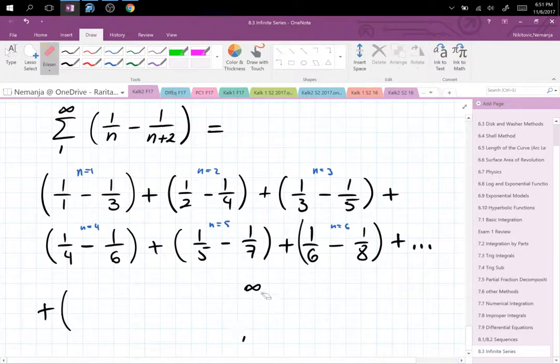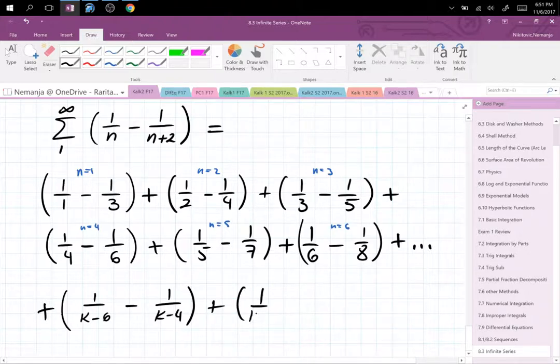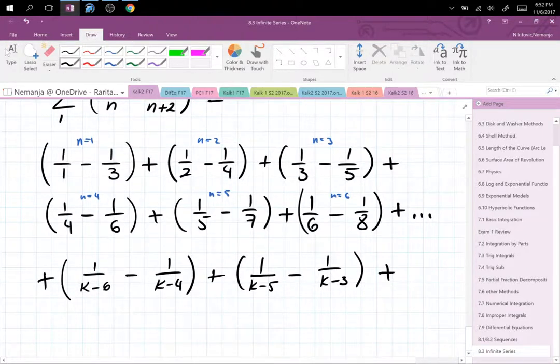So what I'm going to do is write this now as, let's say, 1 over k minus 6 minus 1 over k minus 4. They have to be 2 apart. Plus 1 over k minus 5 minus 1 over k minus 3. See, what I'm doing is I'm going all the way to the k value. I'll show you the easier way later.